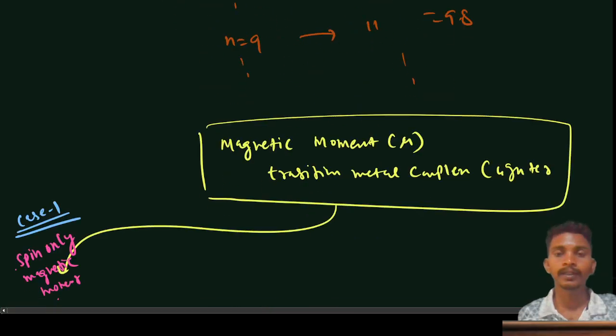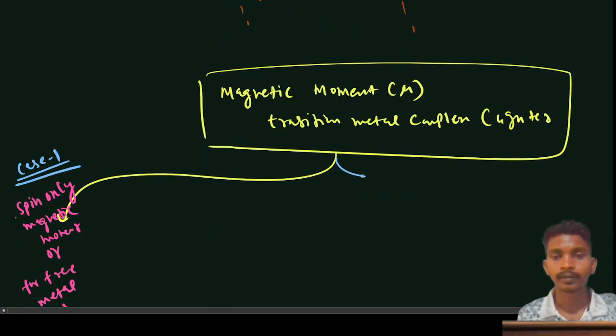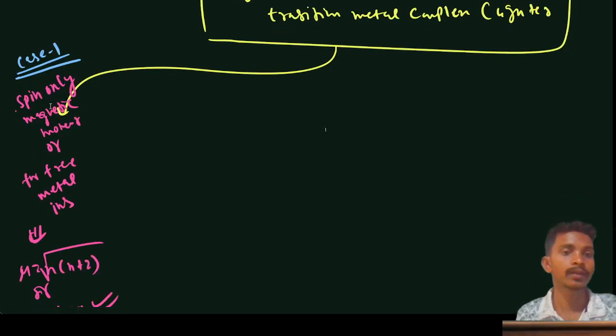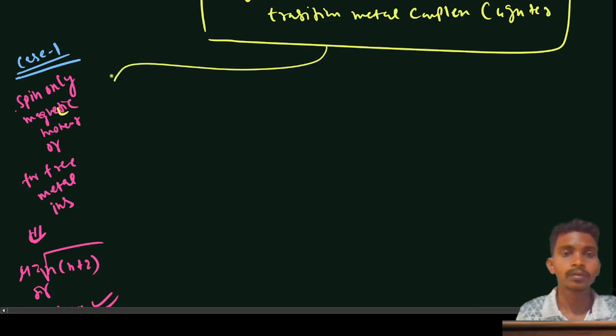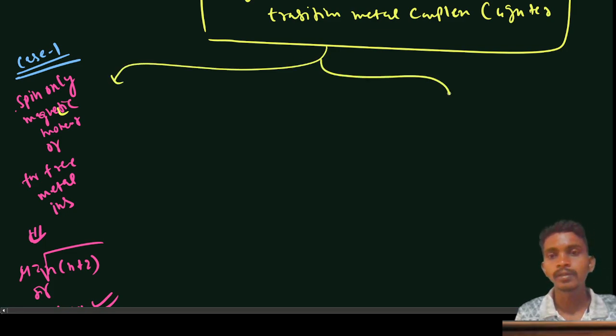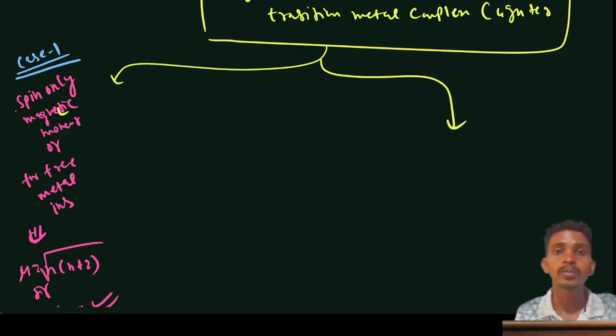But if it does not mention spin only magnetic moment or free metal ions, then what do you have to do? If it is not mentioned, then we have two cases.